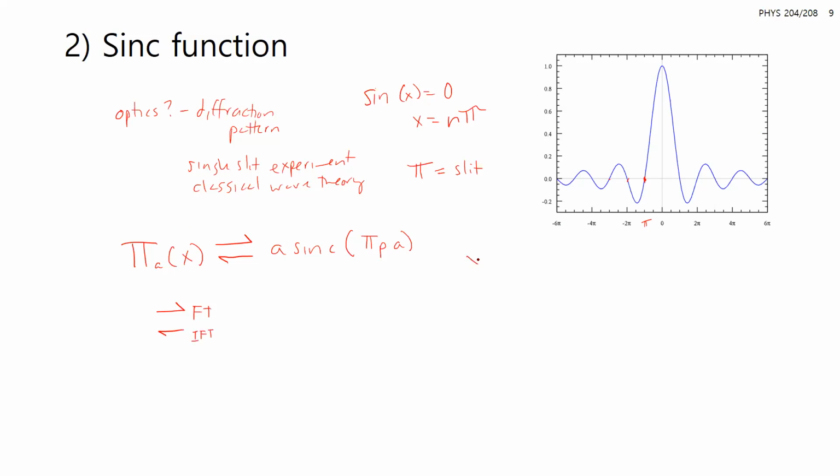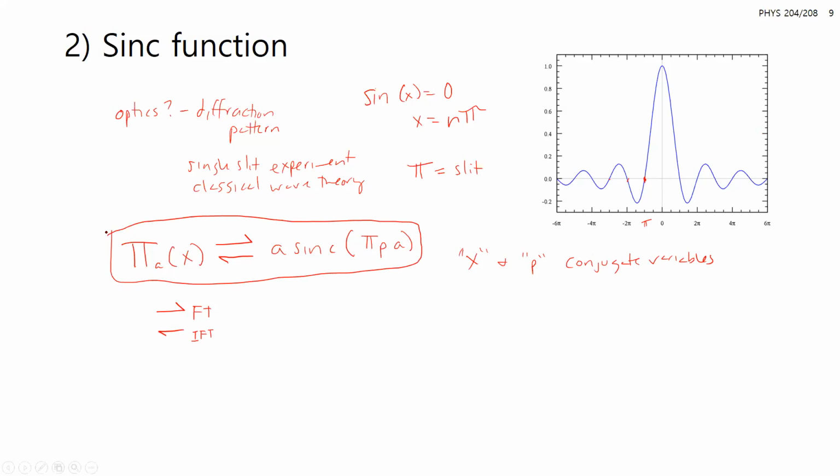And I'm using x and p as the conjugate variables. This is the most generic way to write this instead of using time and frequency, and I'm using this notation because that's what's in the student's guide to Fourier transforms.